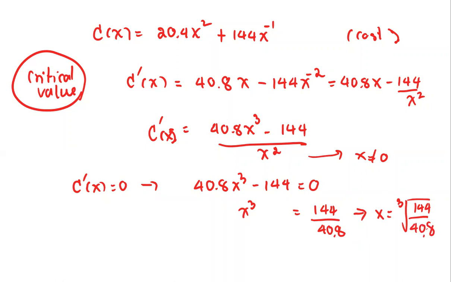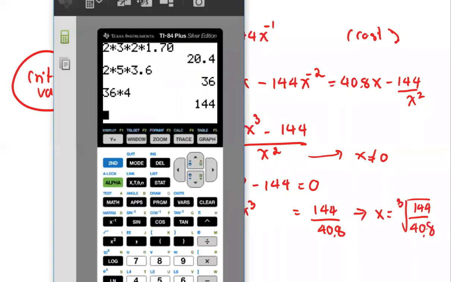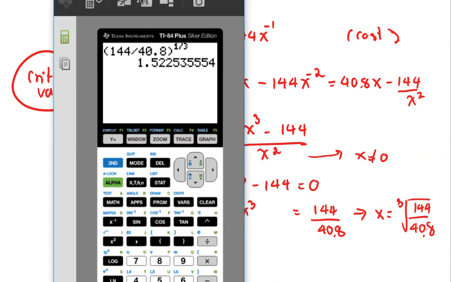The number that we get is the x value that we're going to use to find h eventually. I'm going to clear this one. The quantity 144 divided by 40.8, raised to the power 1 over 3, which is the cube root. So you have x as 1.52.